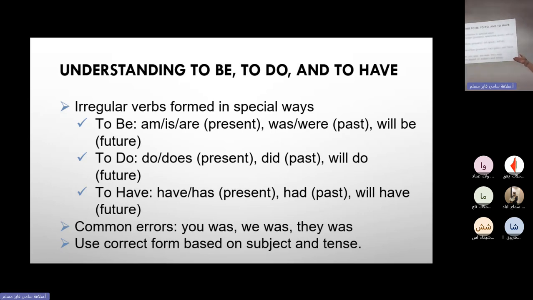Common errors: you was, instead of you were. We was, instead of we were. They was, instead of they were.